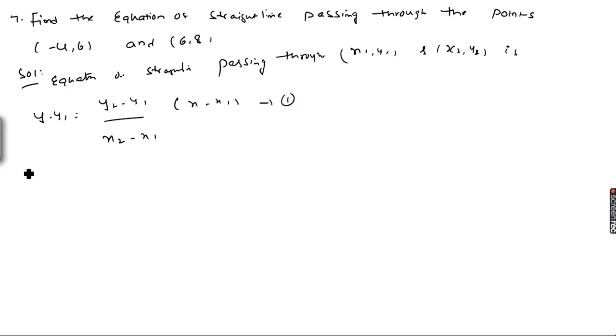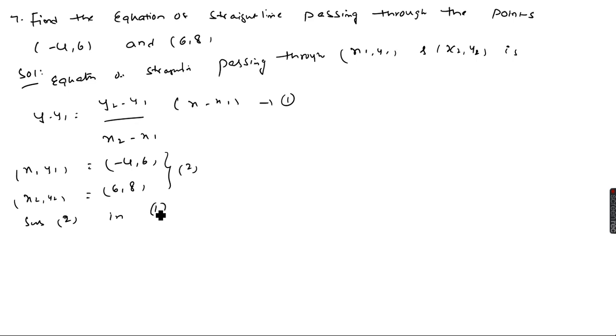So what are the points? x1, y1 is (minus 4, 6), and x2, y2 is (6, 8). Substitute 2 in 1.